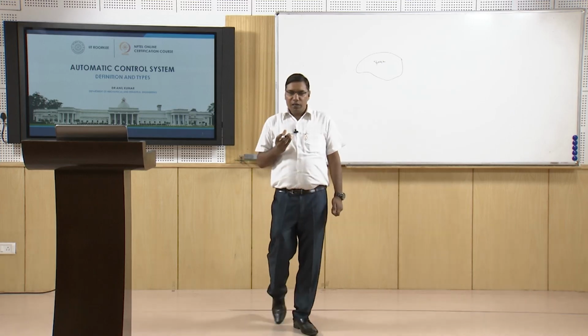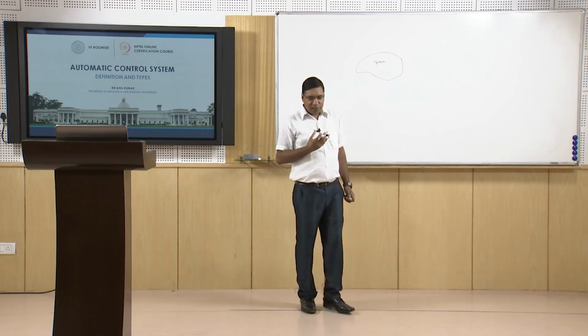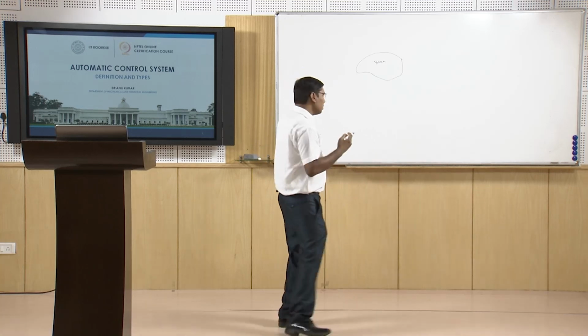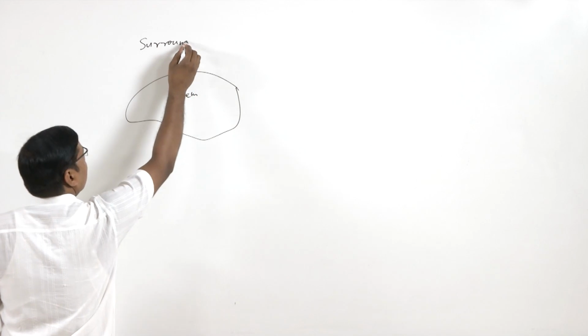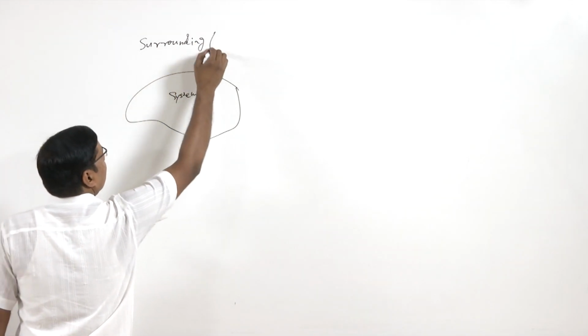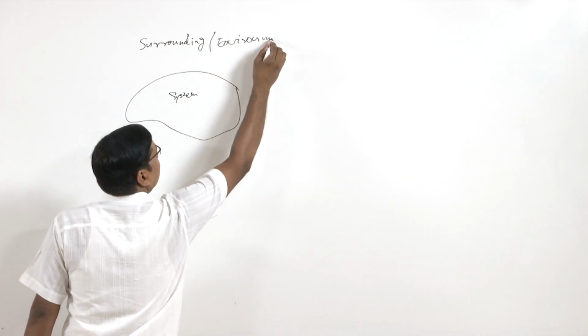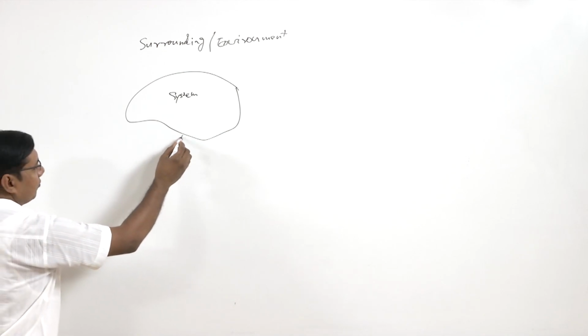Why do we call it a system? Because it is some region that is separated from the surroundings or environment. So here is the surrounding or environment, and this is the boundary.